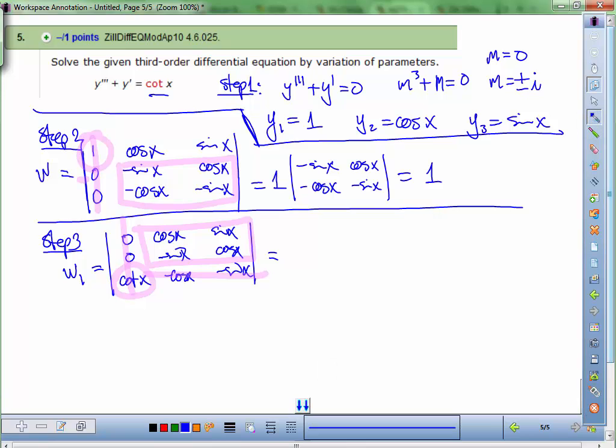In this case it doesn't matter, but you should remember that if you're expanding along a row or a column, this is a plus, this is a minus, this is a plus. The sign changes. So technically, I would have plus 0 times some determinant of some matrix, minus 0 times another determinant of another matrix, and then I'll get this last one, plus cotangent times the determinant of this submatrix.